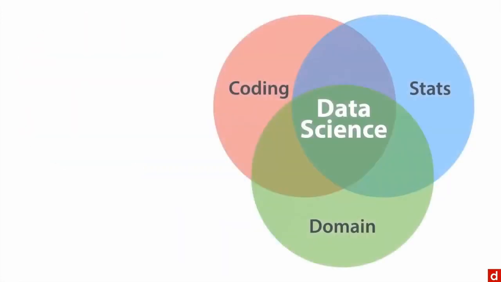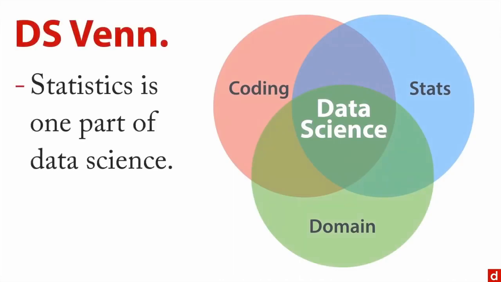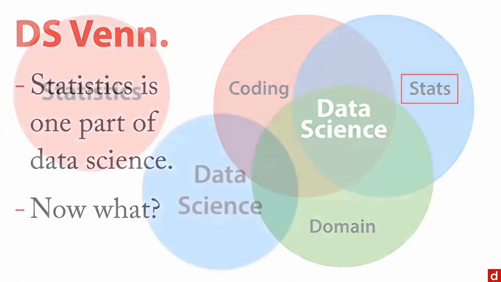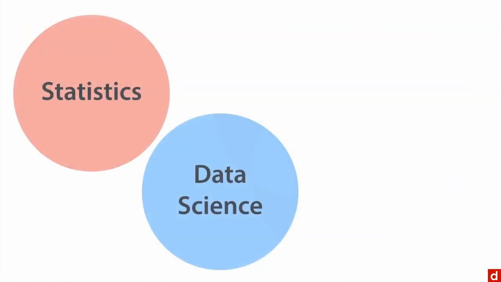And part of that is if we go back to the data science Venn diagram, statistics is one part of it. There it is in the top corner. So now what do we do? What's the relationship? So it doesn't make sense to say these are totally separate areas.